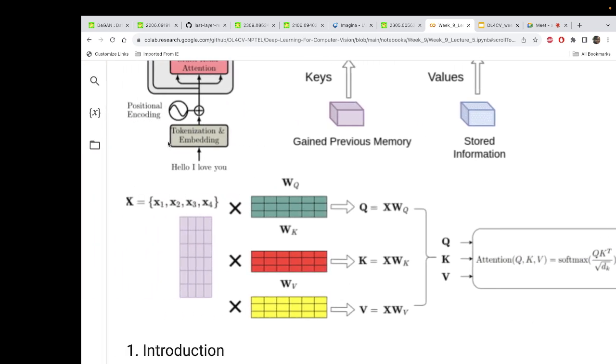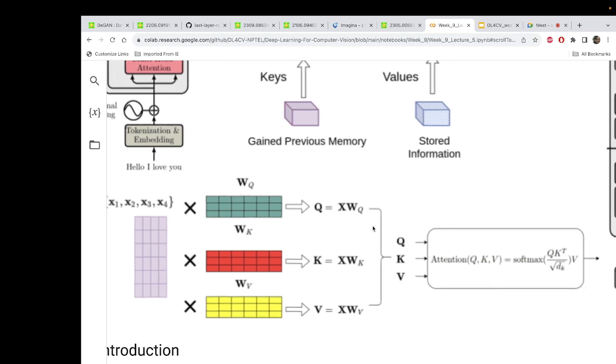So this is what is meant by self attention, right. You have 4 words in the input, so we can call them x1, x2, x3, x4. That makes your X matrix that we saw previously, and then you have these WQ, WK and WV, which give rise to your query, key and value.